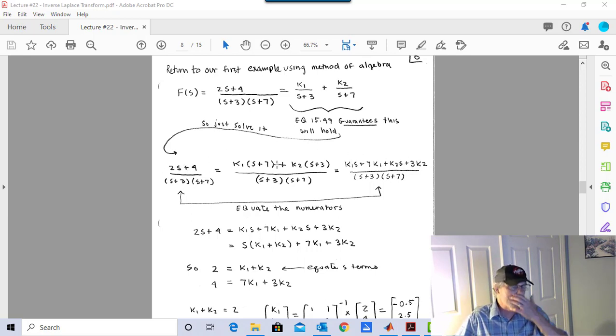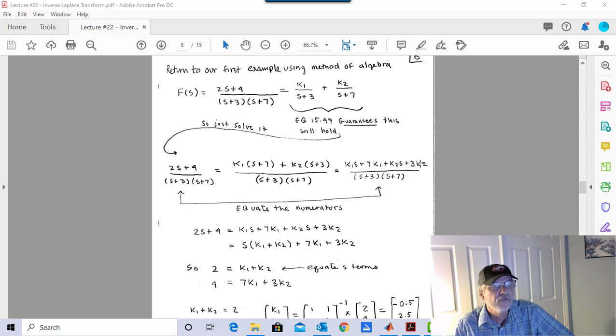Now you might say, wait, professor, you only have one equation, you have two unknowns. But I'm going to say, I got s terms, and I got s to the 0 terms. All the s terms got to add up to be 2, right? That means k1 plus k2 better equal 2. And my s to the 0 terms better equal 4. So let's see.